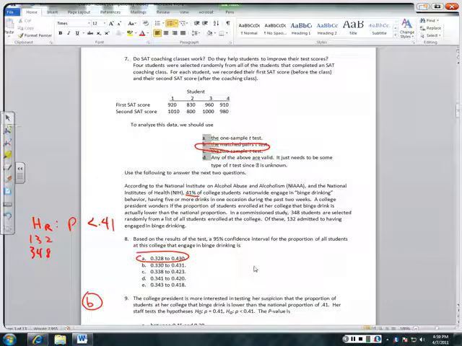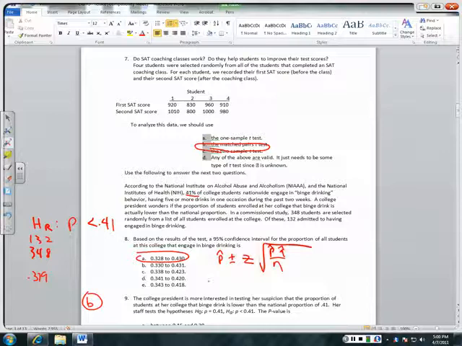Before I move on to the next part, let me say that you could have done this in a little bit longer way here. 132 divided by 348 is 0.379. So we could have gotten this as p-hat plus or minus z times the standard error, the square root of p-hat q-hat over n.